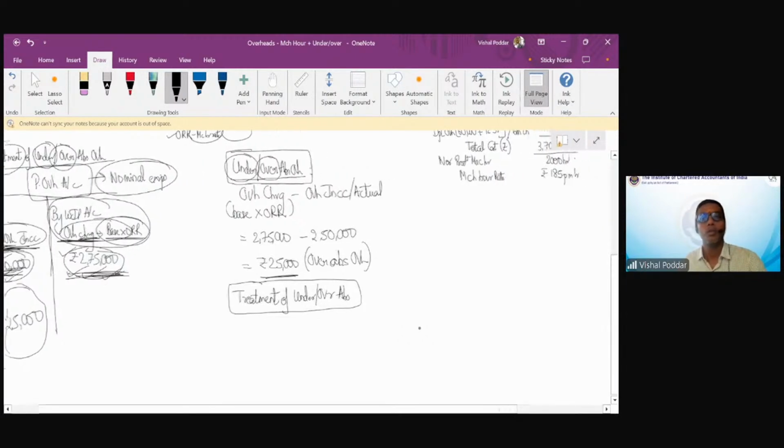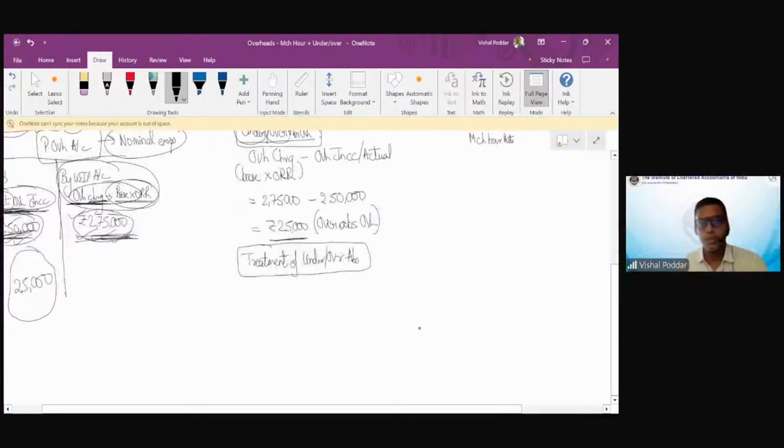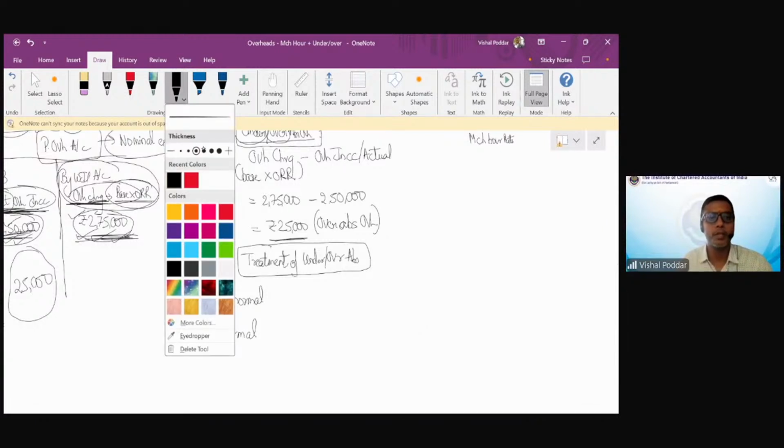So for this, the rule is, again, if you remember in all the lectures, wherever we were discussing about treatment of loss in material or loss in labor, always we used to bifurcate it into normal and abnormal. So we will find out how much of this difference is abnormal, how much of this difference is normal. Again, this breakup is given in the sum.